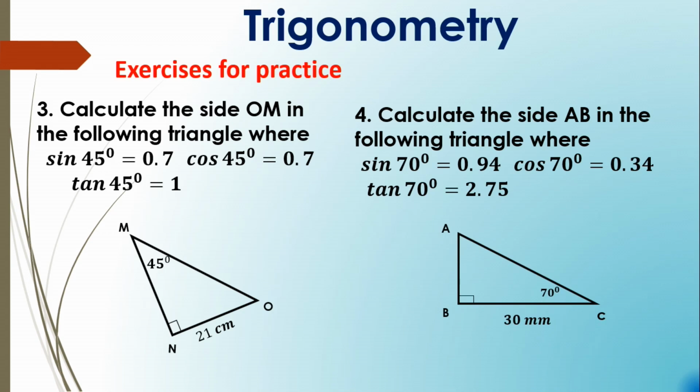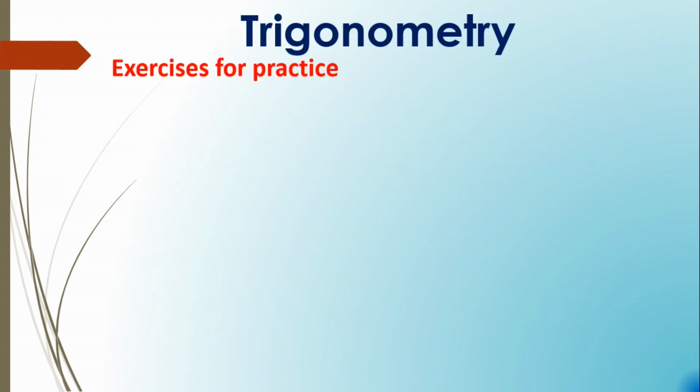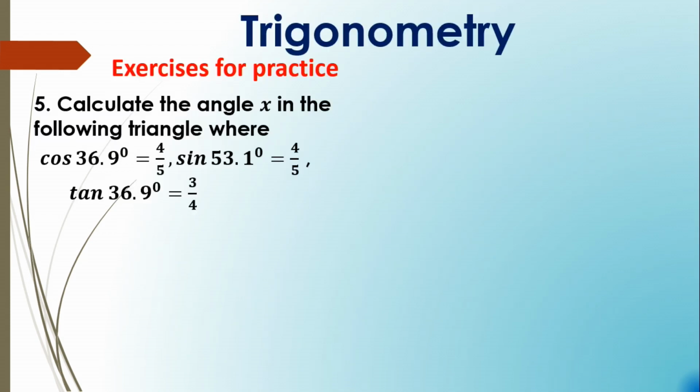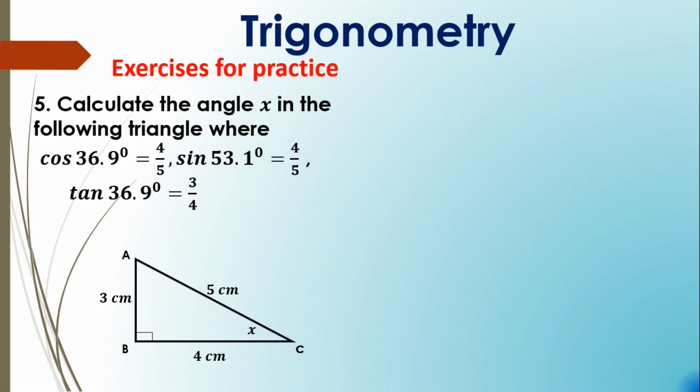In the fourth exercise, calculate the length of side AB. Here, values of sine, cos, and tan of 70 degrees are given to you. Fifth exercise, you are going to calculate the angle X. Here, cos of 36.9 degrees, sine of 53.1 degrees, and tan of 36.9 degrees are given to you.